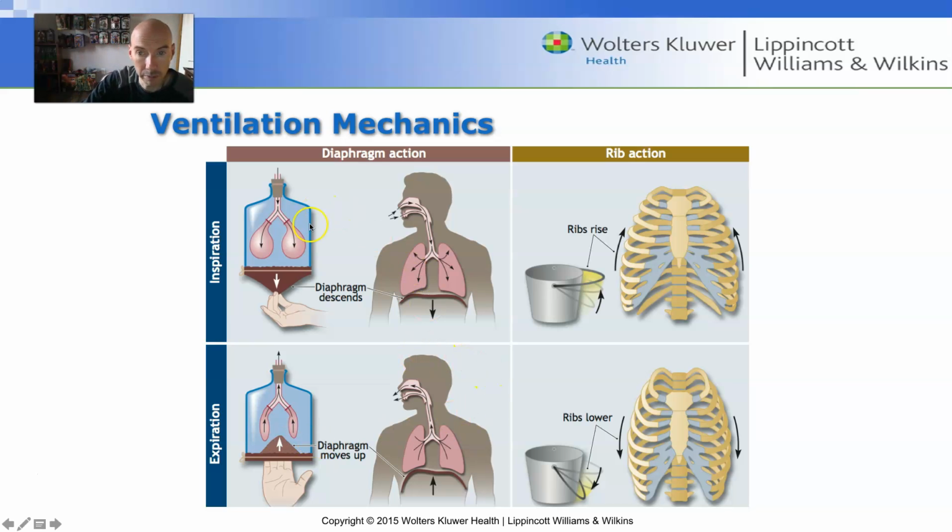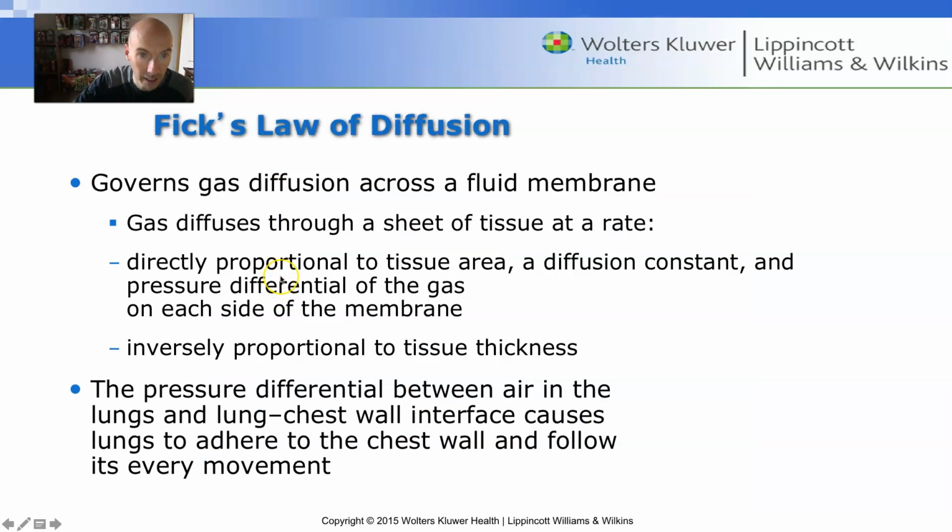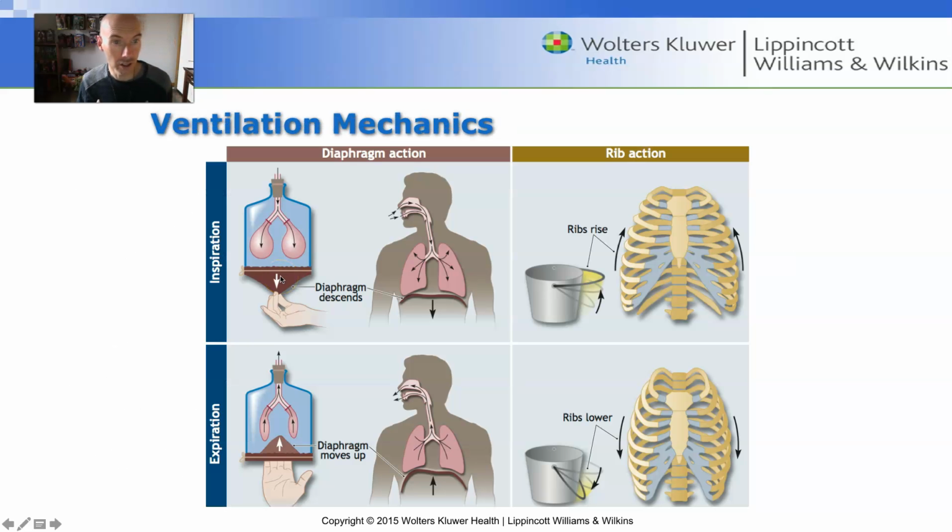So take a look at this picture here. When the diaphragm contracts, it drops. And what happens is the pressure in our lungs drops below atmospheric pressure. So for the sake of argument, let's say when the diaphragm contracts and descends, the pressure in the lungs drops to 756 millimeters of mercury, okay?